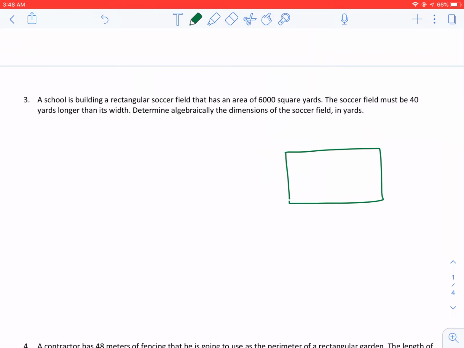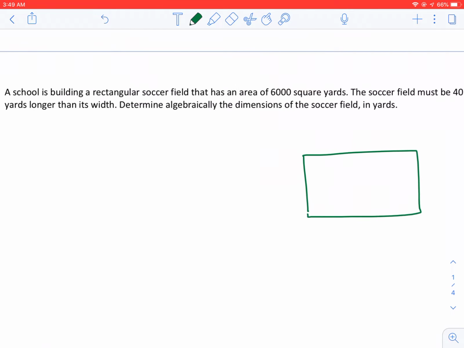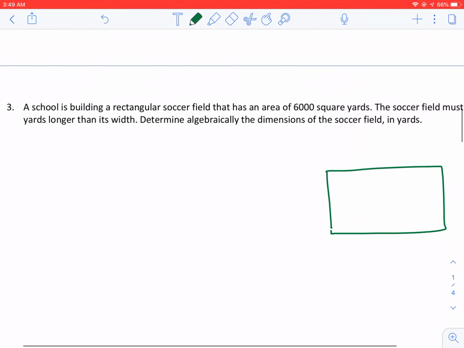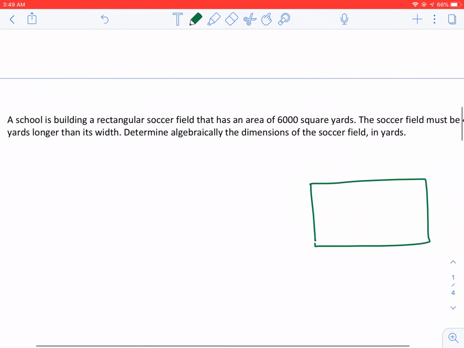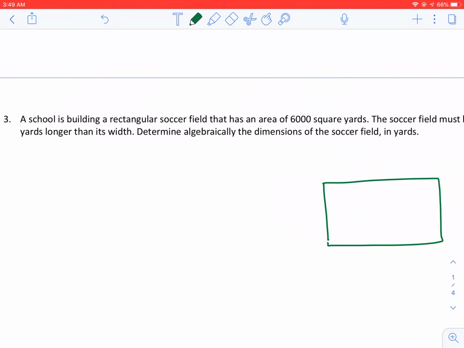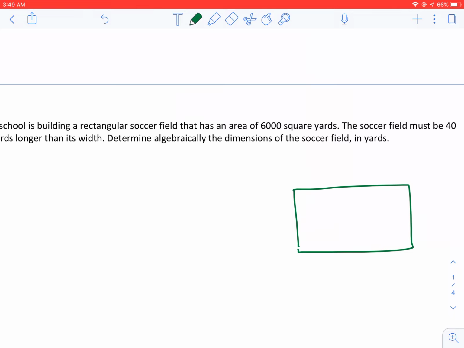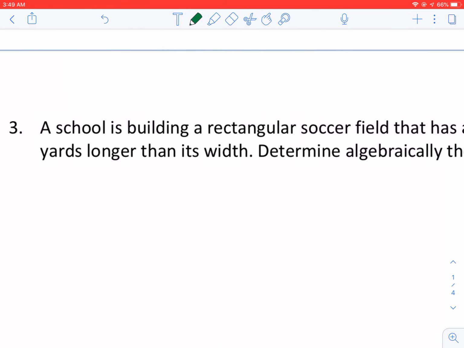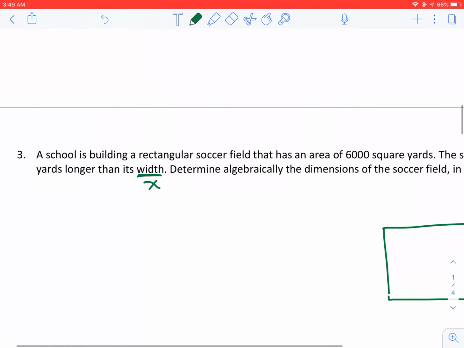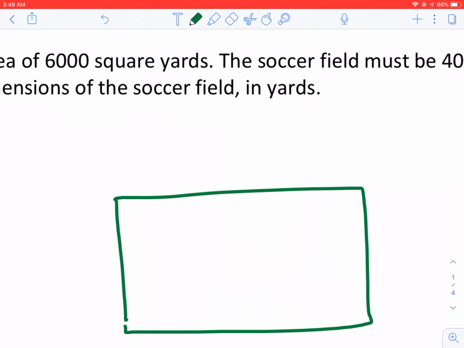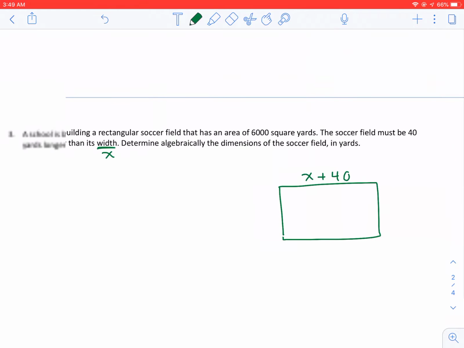The soccer field must be 40 yards longer than its width. So what's my variable going to be? Am I going to call x the width or the length? Well, I know the soccer field must be 40 yards longer than its width, so let's make the width x, and therefore how long it is has to be the width plus 40, because it's 40 yards longer than its width.